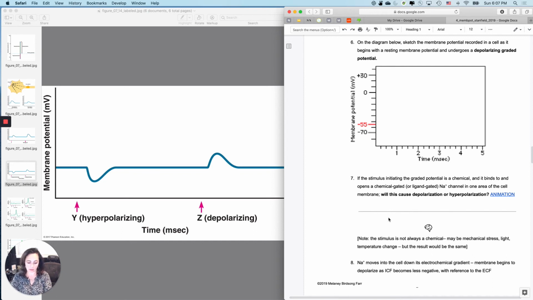So this is important. What do you guys think? If the stimulus initiating the graded potential, whatever opened the gated channel, binds to and opens a ligand-gated sodium channel, will it cause depolarization or hyperpolarization? Because it's sodium, right?